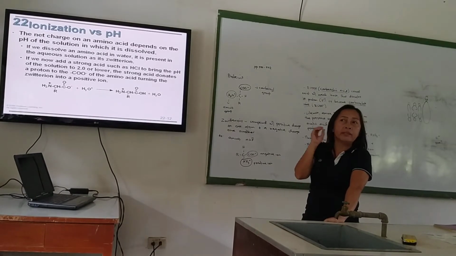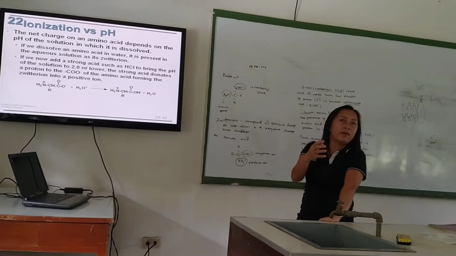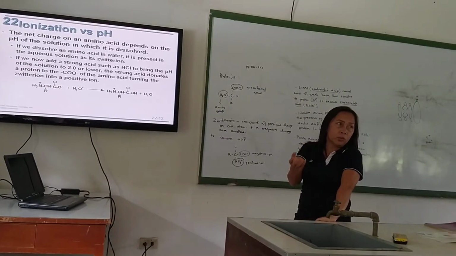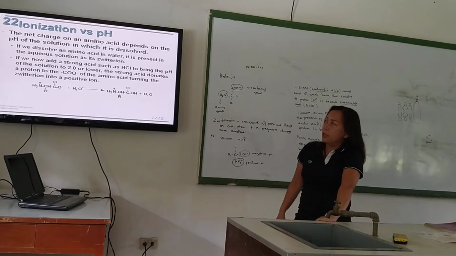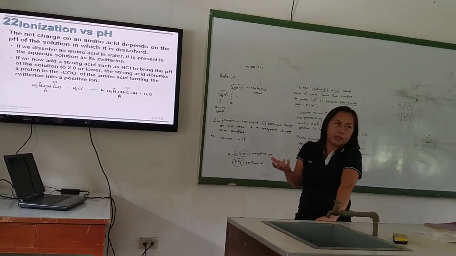So, given the amino acid and various solvents, what will be the possible outcome or product after it is dissolved in different solvents? As I have said, when an amino acid is in an aqueous solution, it exists as a zwitterion.